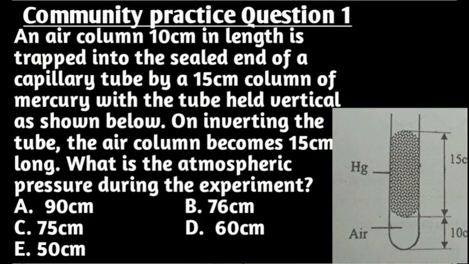What is the atmospheric pressure during the experiment? A. 90 cm, B. 76 cm, C. 75 cm, D. 60 cm, E. 50 cm. This one is from a JAMB past question. Please try it out and vote for the correct answer.